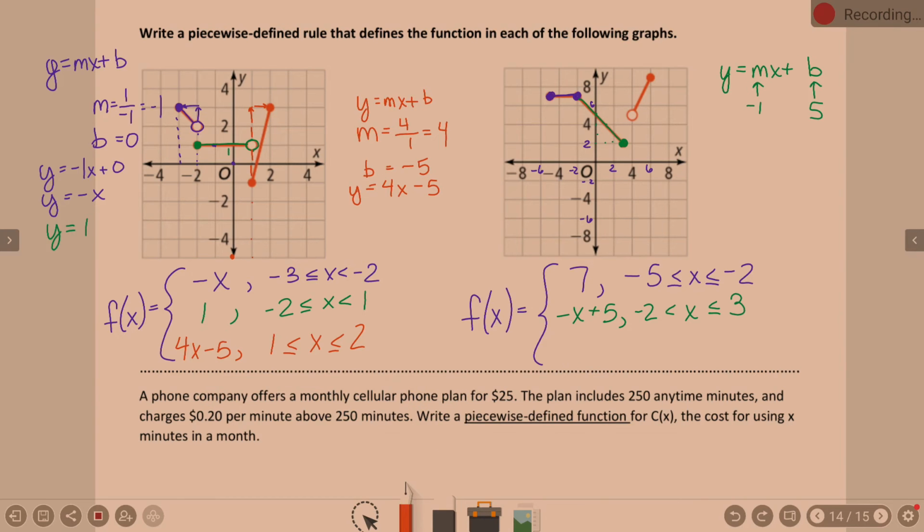Okay, last piece. An angled line, so again, let's think y equals mx plus b. Well, before we try and find the y-intercept, I should probably try and find the slope. Thoughts on the slope?